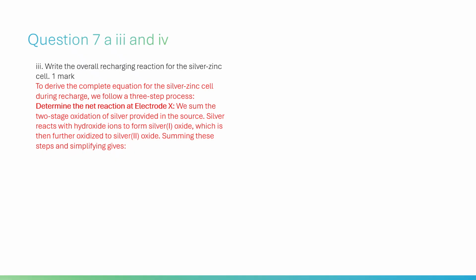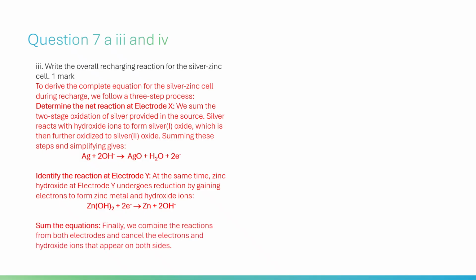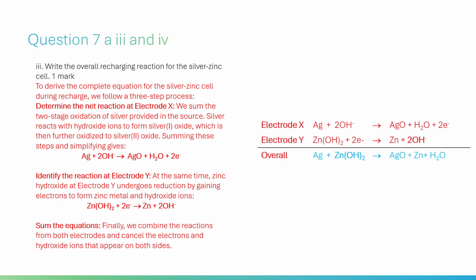Summing these steps and simplifying gives the net reaction. Identify the reaction at electrode Y. At the same time, zinc hydroxide at electrode Y undergoes reduction by gaining electrons to form zinc metal and hydroxide ions. Sum the equations. Finally, we combine the reactions from both electrodes and cancel the electrons and hydroxide ions that appear on both sides.